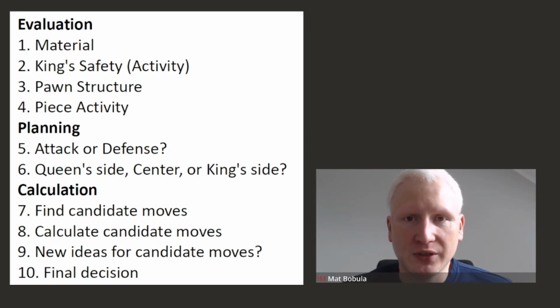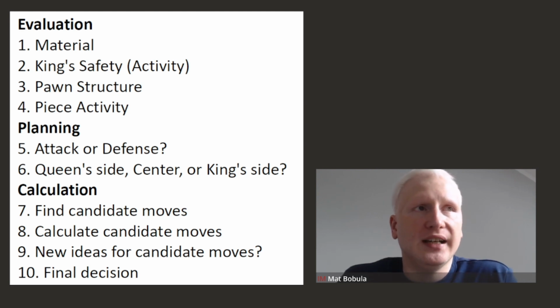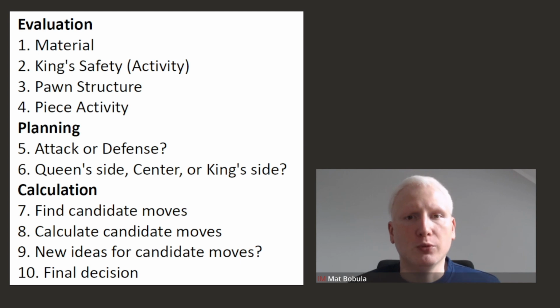And finally, we go into the piece activity. So we have to decide which side has got more active pieces. And usually, what does it mean that a piece is more active? It usually means that the piece has got more opportunities, more options to move. So for example, imagine an empty board, and a bishop is on the e4 square.